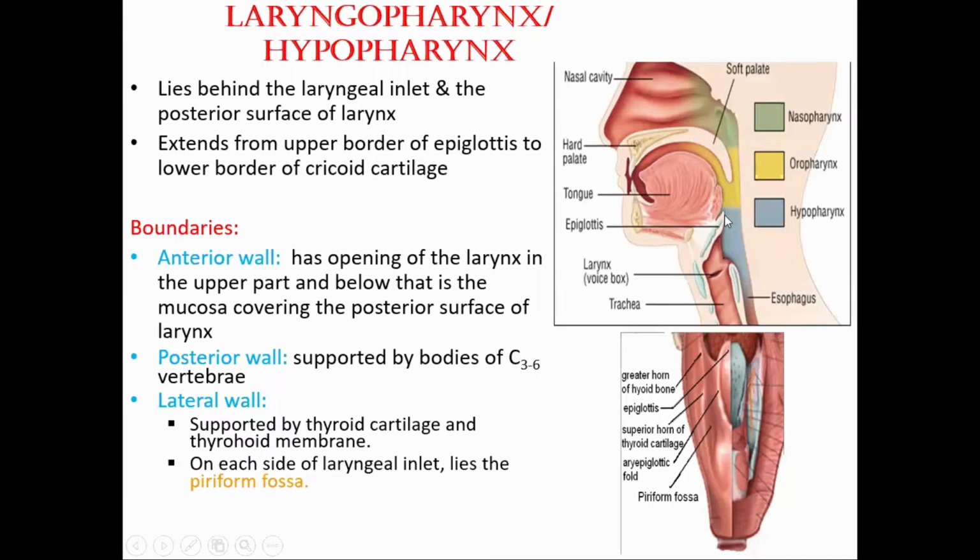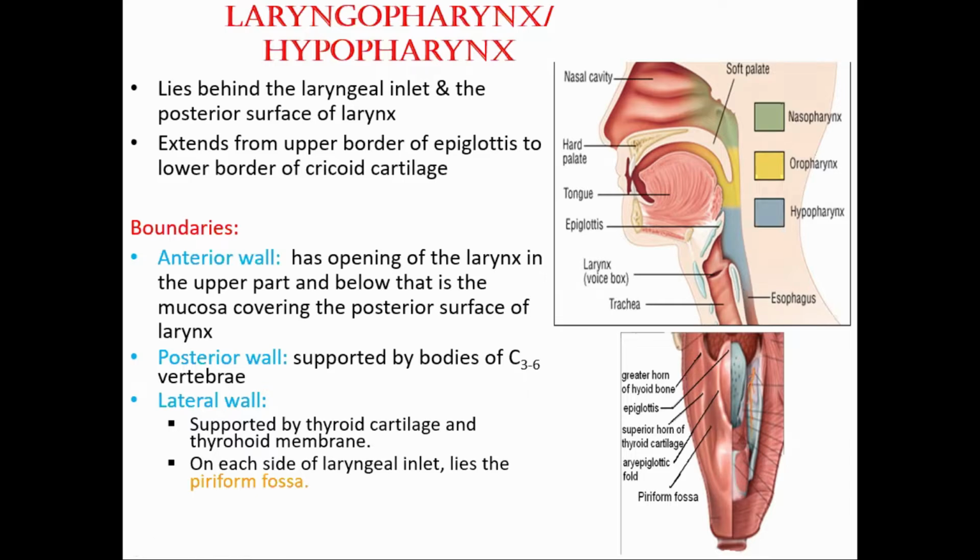The vertebral level is C3 to C6. So the anterior wall, in the upper part, is open, and the larynx communicates with the laryngopharynx via the inlet of the larynx. In the lower part, the anterior wall is bounded by the posterior surface of the arytenoid and the lamina of the cricoid cartilage.